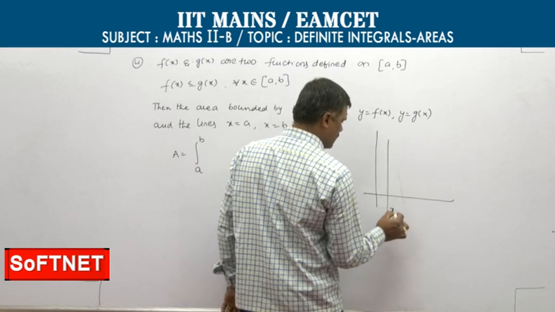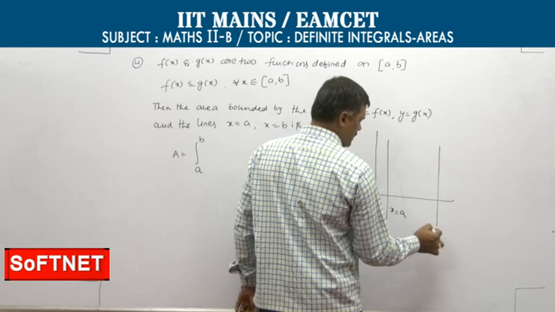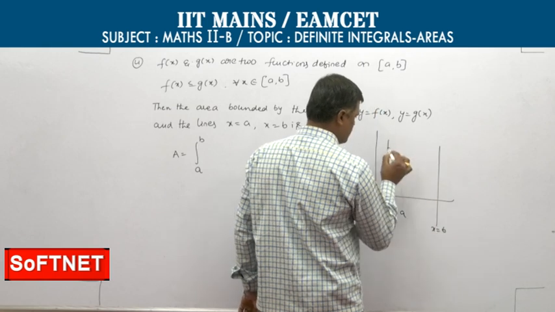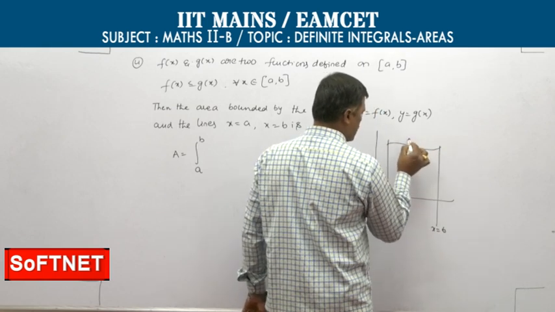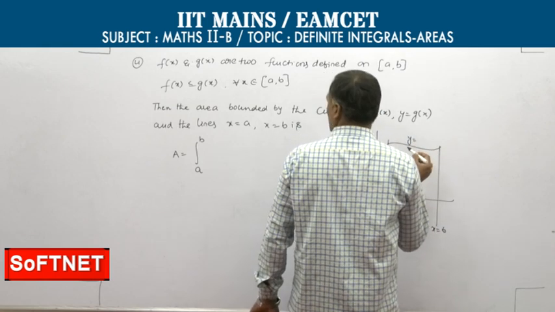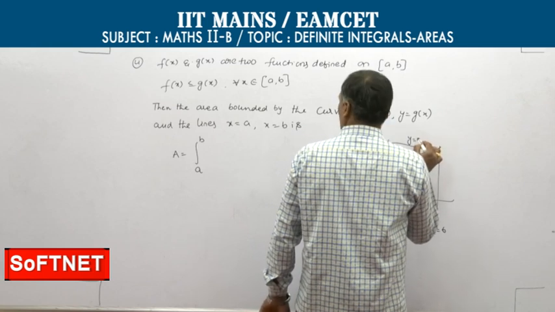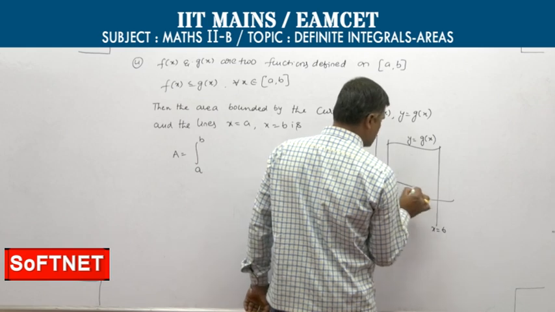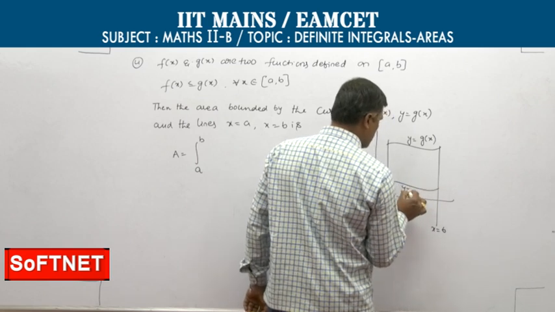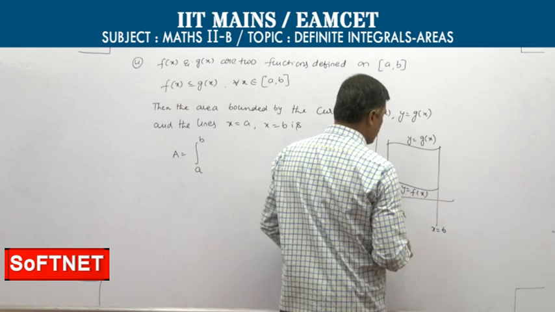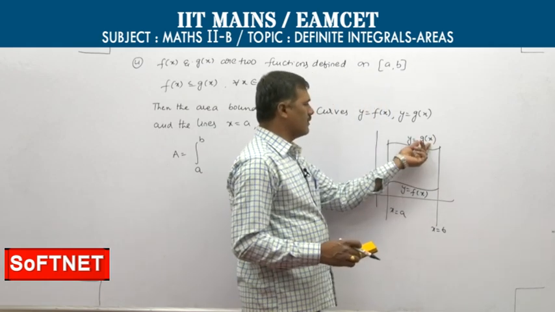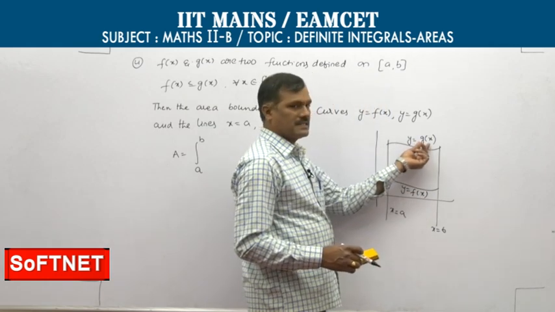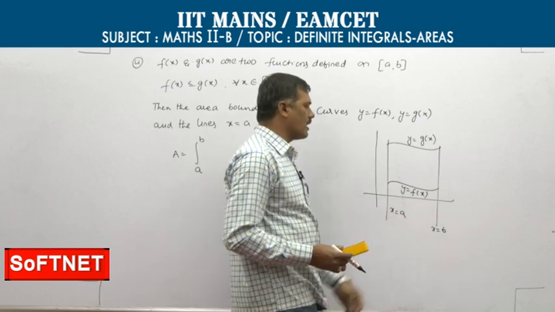This is x is equal to a and this is x is equal to b. This is the curve y is equal to f of x, and this is the curve y is equal to g of x. F of x is less than or equal to g of x means g of x is the upper curve, f of x is the lower curve.